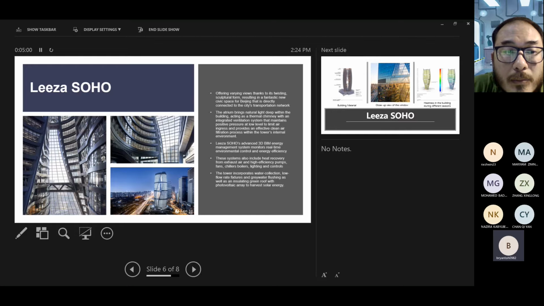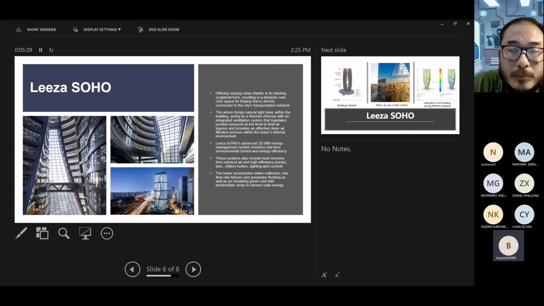The atrium brings natural light deep within the building, acting as a thermal chimney with an integrated ventilation system that maintains positive pressure at low level to limit air ingress and provides an effective clean air filtration process within the tower's internal environment.